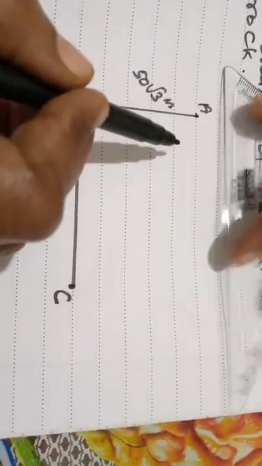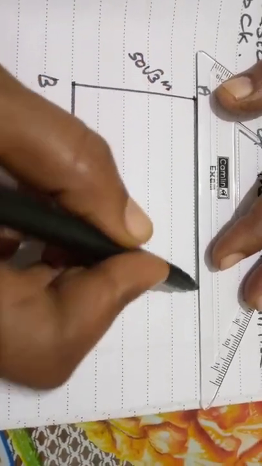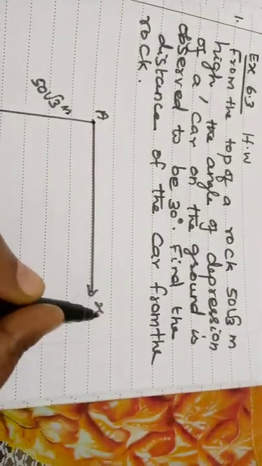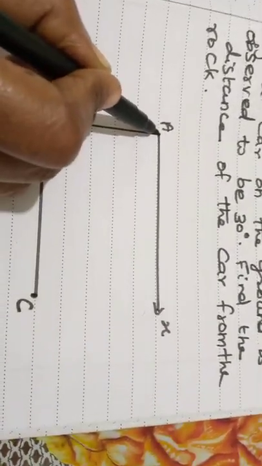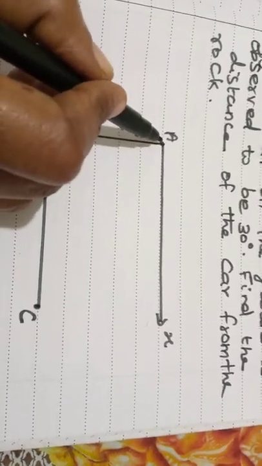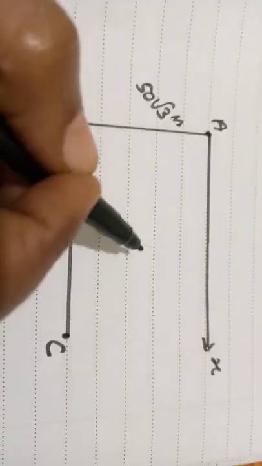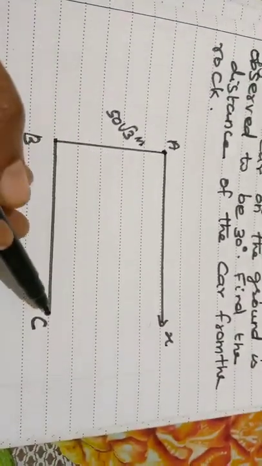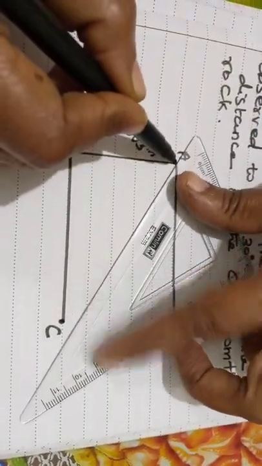So here the eye level we have to consider the point A. Draw the horizontal line, you can take it X. So horizontal line as well as line of sight. What is line of sight? Line of sight is the line between eye level and the object. Here the object is the car. So join it.